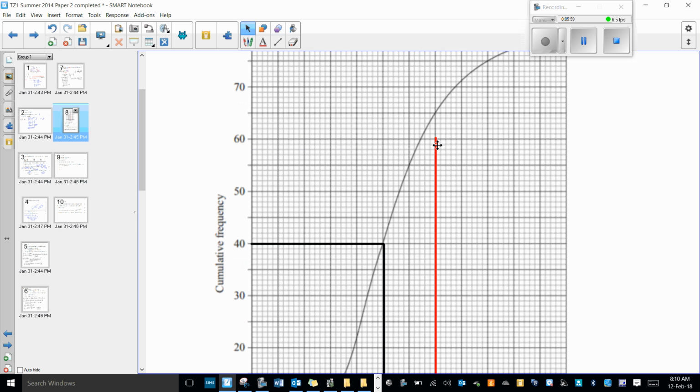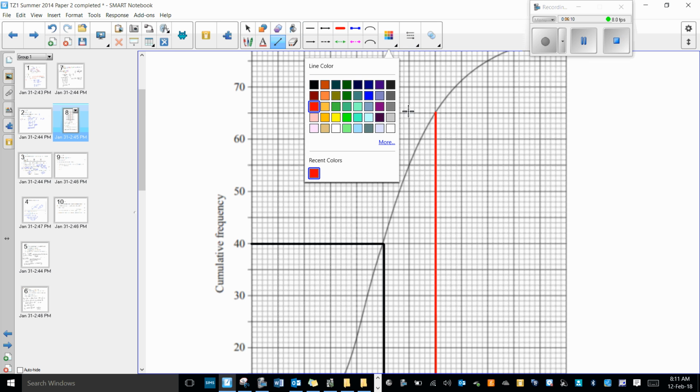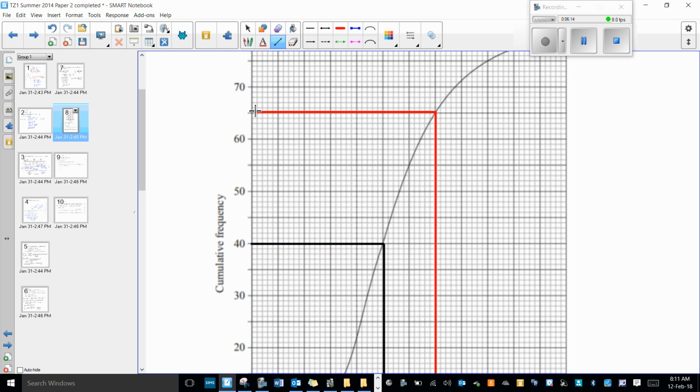You're just going to have a ruler in the exam, so it's going to be a lot easier. And then I'm going to draw it across. Okay, so this is the value of 65.